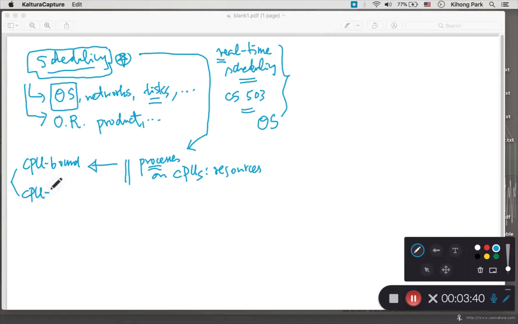IO bound, and when they do a lot of IO, implicitly we mean that they are likely to block.